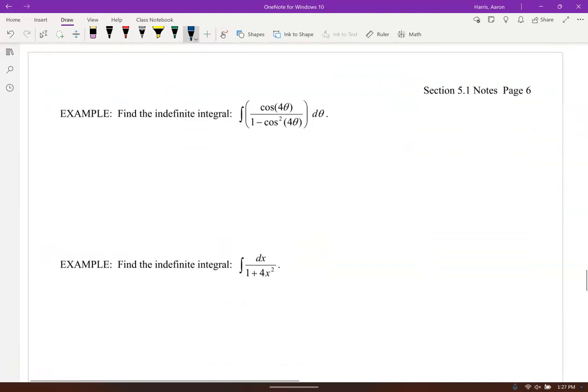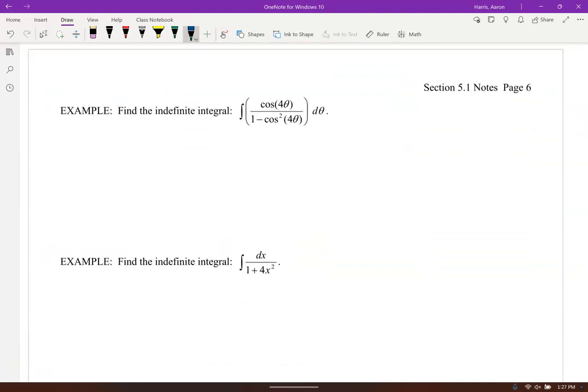All right, let's keep going here. I'm going to rewrite this. You remember how sine squared plus cosine squared is 1, right? So 1 minus cosine squared is sine squared. So I could rewrite this as the cosine of 4 theta over sine squared of 4 theta d theta.